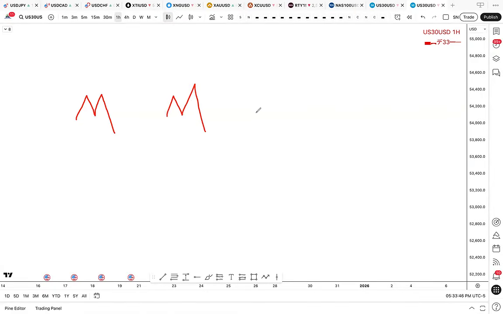We have our M's, and types of M's: the regular M, the shortened M, the extended M. We also have a head and shoulders. If you're long bias, just flip this, but stick with me for a second. These are the most common patterns that we're going to be hunting and trading in general.